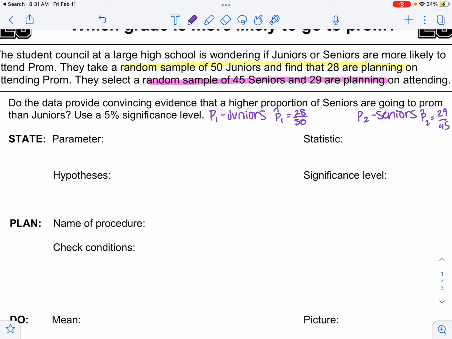Okay, so for my parameter, as I state the parameter, it's really important that here I take the time to define the direction of my difference. So I'm going to start with P1 minus P2 so that I've defined direction.